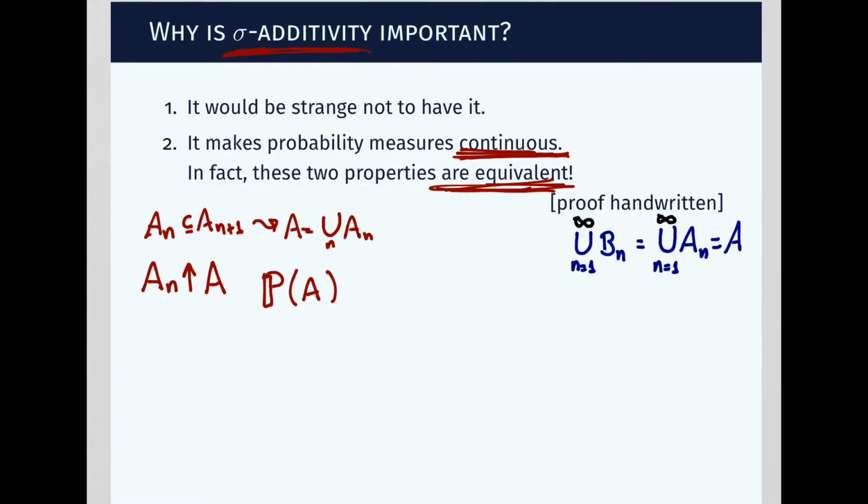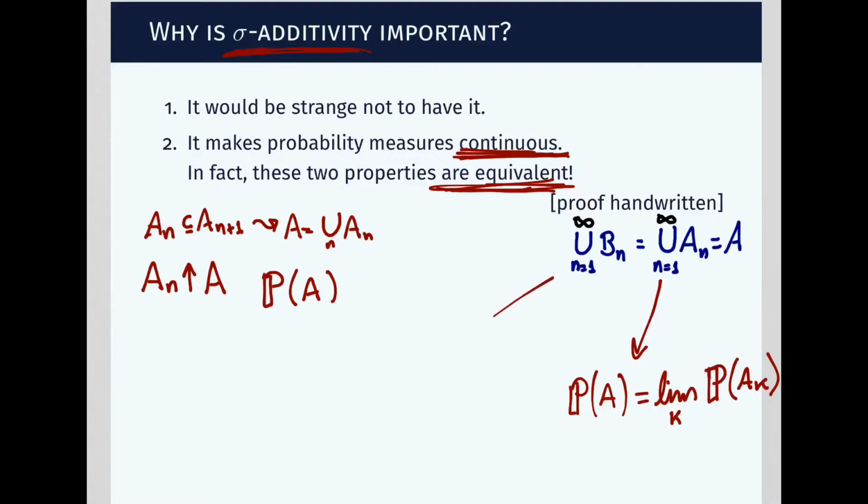That's because by continuity, assuming our probability measure is continuous, the probability of A will be simply the limit in K of the probability of A_K.